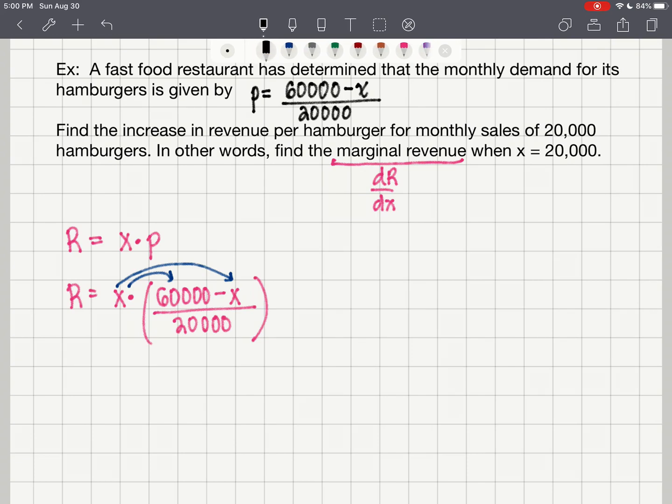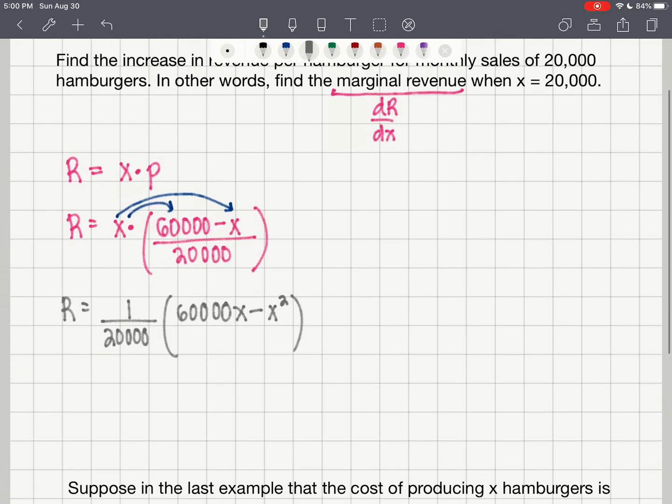So R equals, I'm going to pull the denominator out, and then multiply X through to the numerator. So 60,000 X minus X squared. And now I just have this 1 over 20,000, right? I could distribute it back through. It's probably easier to do that.